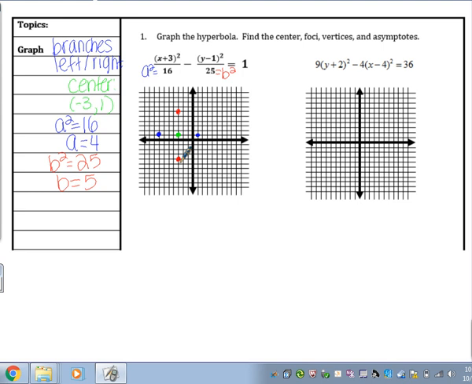The next thing we do is use this to make a box. You're going to connect all of the points you made with a box around the center. Do you see how that makes a box?